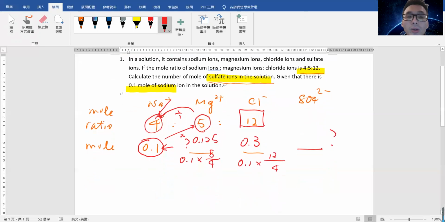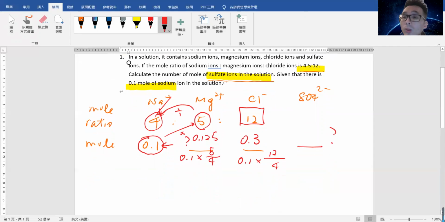So what we are going to do is sum up all the charges according to the number of ions present in the solution and put the sum as 0. Then you will be able to find out the unknown. Right now, you want to find this one, we can let it be x, okay? So we look at sodium, 0.1 mole inside the solution, and it contains 1 positive.